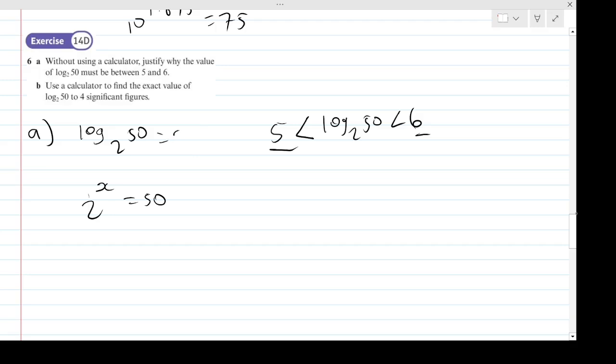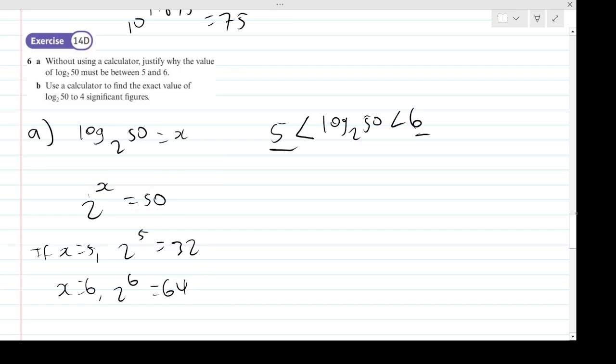If x is 5, then 2 to the 5 is 32, which is less than 50. We'll note that. If x is 6, then 2 to the 6 is 64. But hang on a minute, between the powers 5 and 6, we've gone from 32 to 64, and 50 is in the middle.